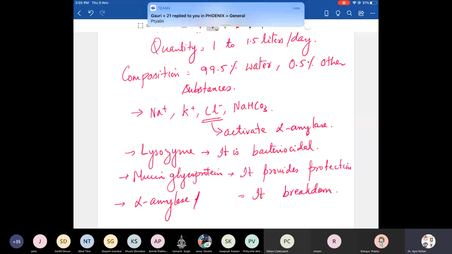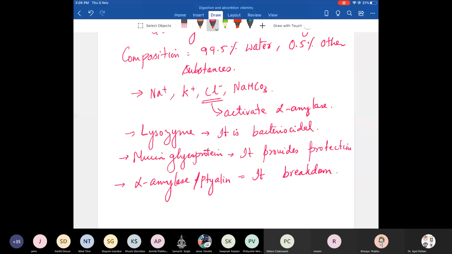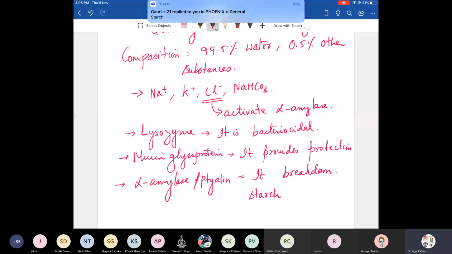It is ptyalin. P is silent there. Very important. And what does it break? It breaks starch, that is carbohydrate. Am I clear?